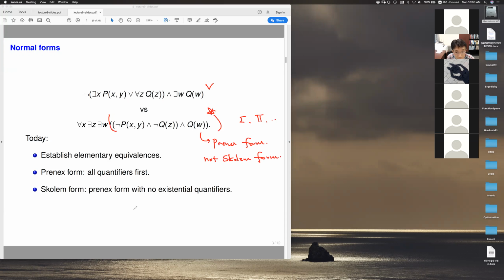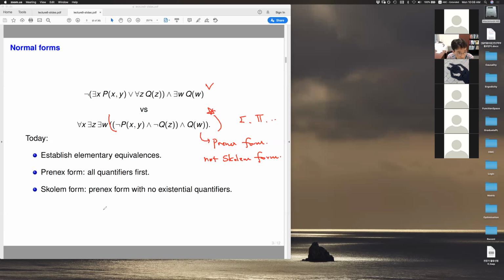Then what we will do is remind you of some of the equivalences between first order logic formulas that will allow us to convert any formula into prenex form without changing its meaning.